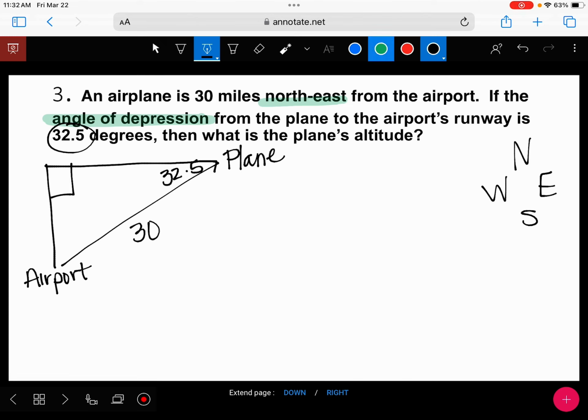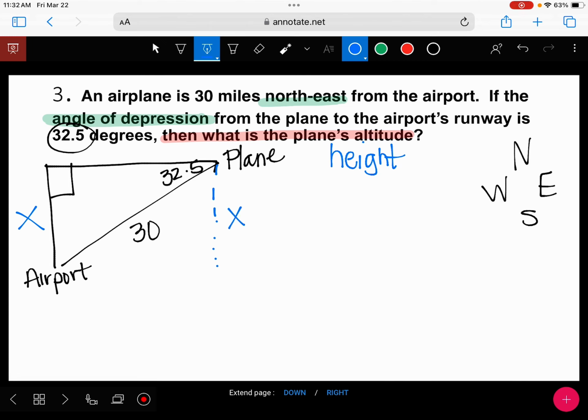30 is my hypotenuse. And it's asking me to find the plane's altitude. So altitude is another word for height. Which would be right here. The height of the plane from the airport or from the runway.